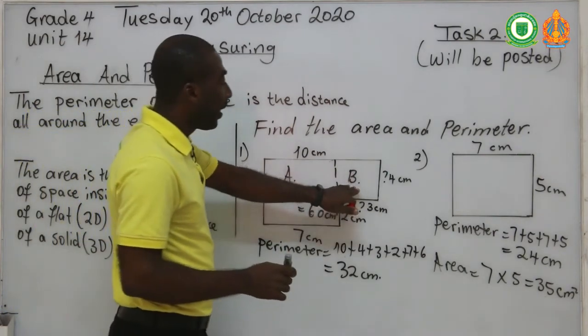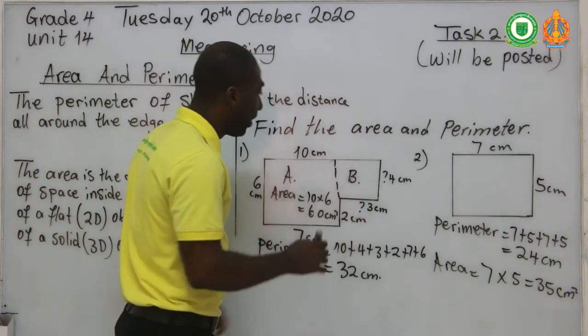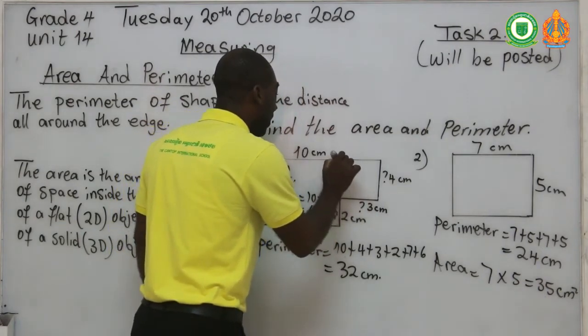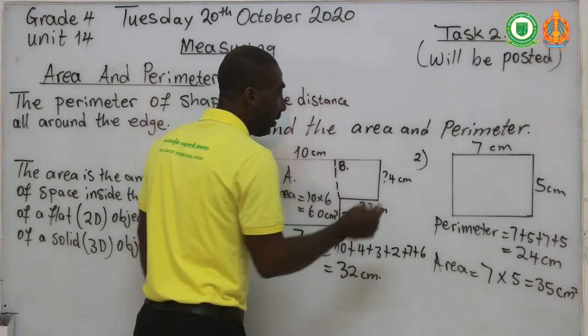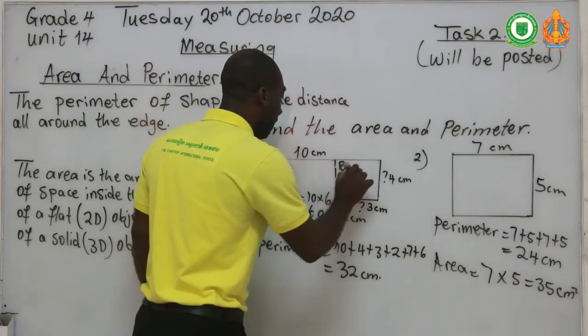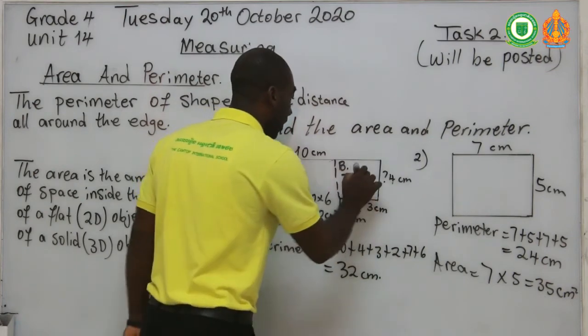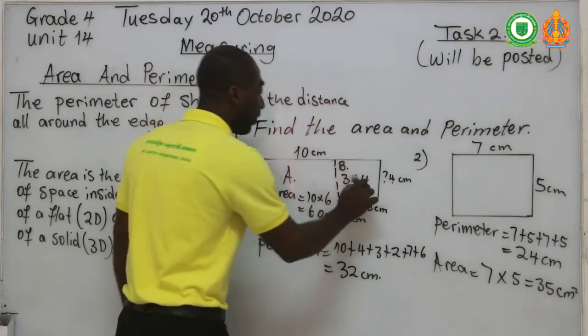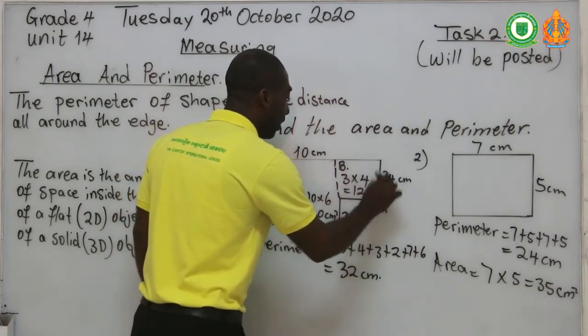Now we need to look for the area of B. So the area of B, we write our B here, and then we know that this side is 3, so it becomes 3 multiplied by 4, okay? And that will be equal to 12. Don't forget your centimeters square.